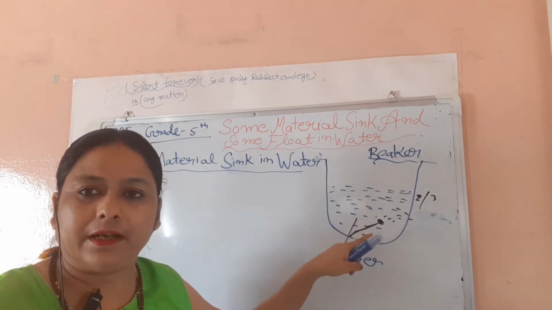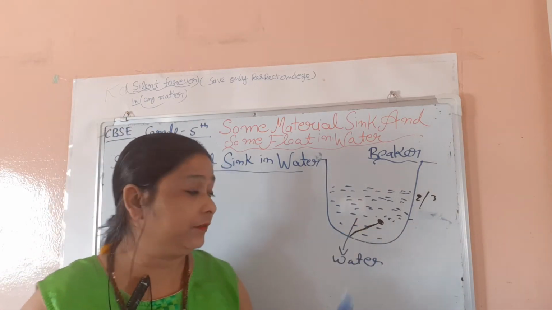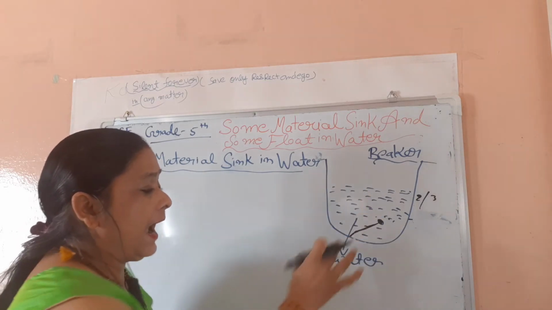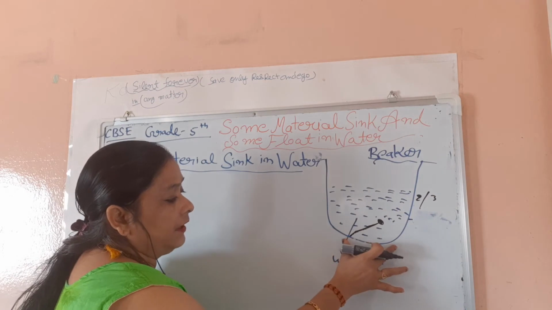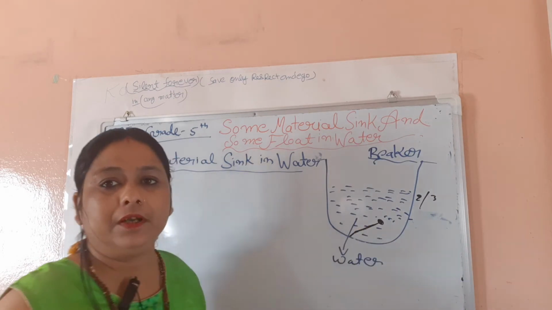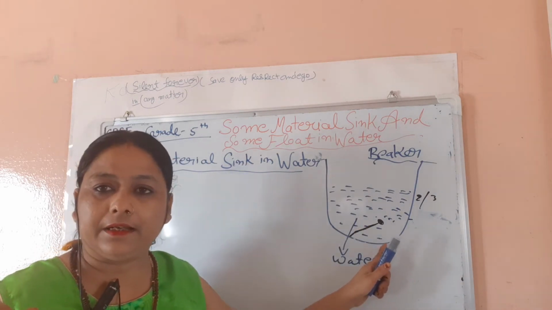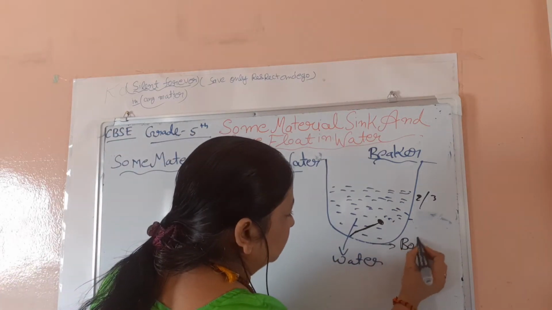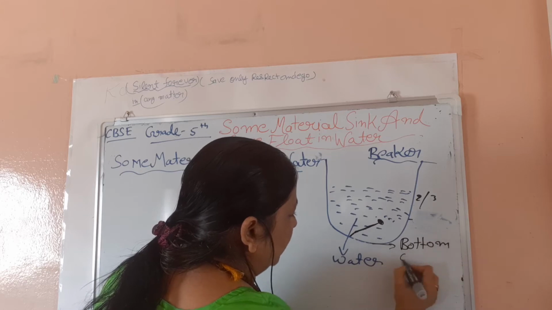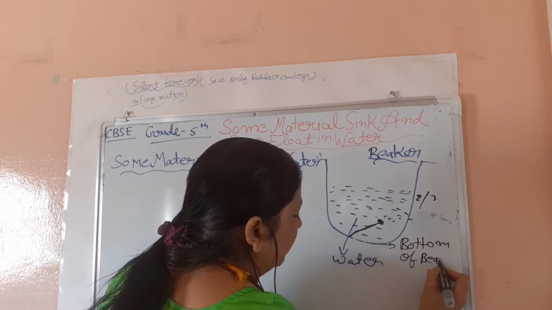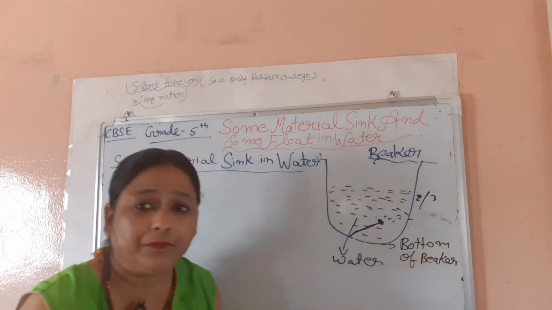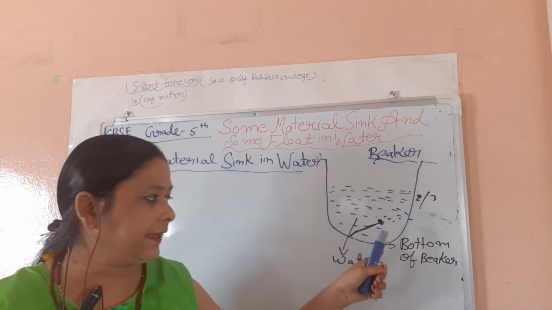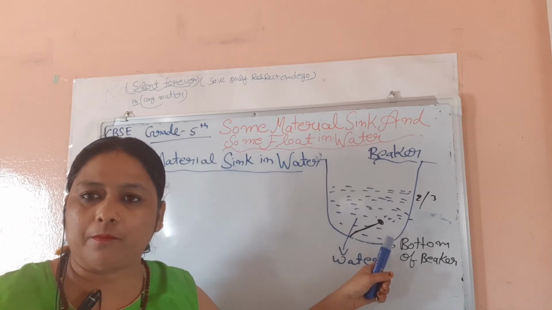It sinks in the beaker, and we see the iron nail settles down at the bottom of the beaker. This is the bottom of the beaker. So I prove that iron is heavier than water.